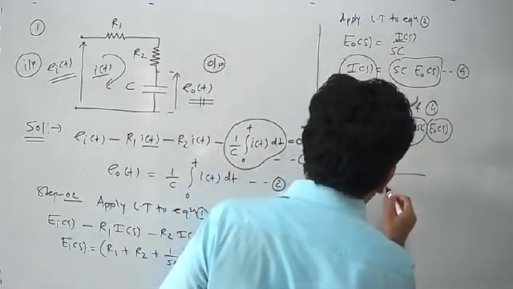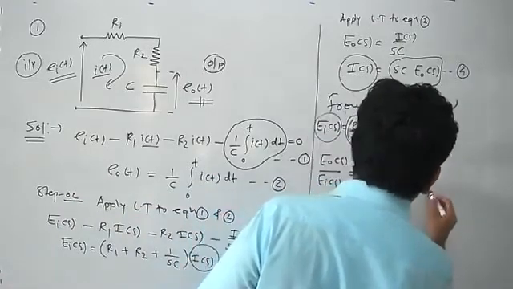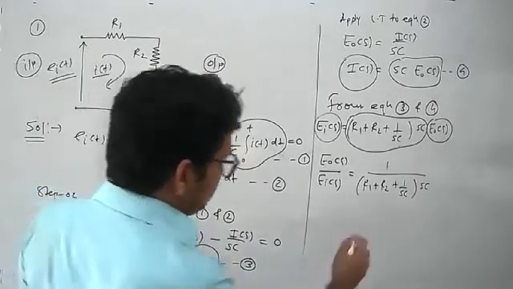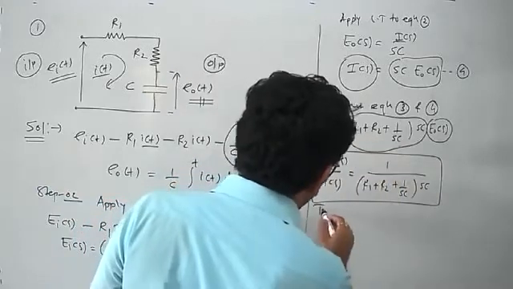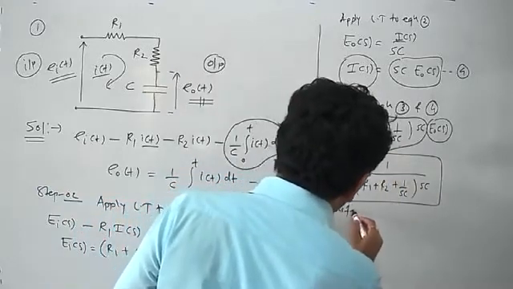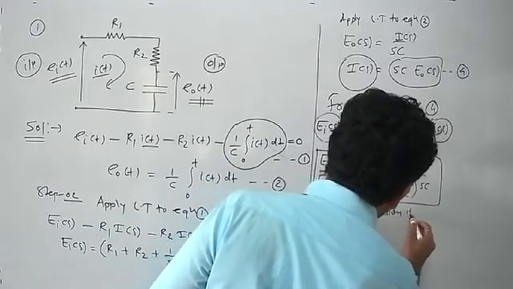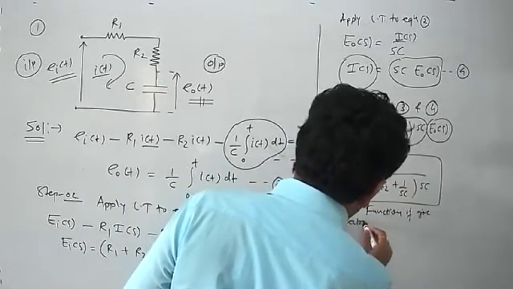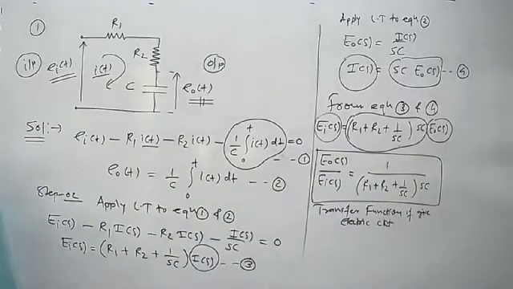So it is R1 plus R2 plus 1 upon SC multiplied by SC. This term indicates the transfer function of the given electrical circuit. Later you can also rearrange it, but our final answer is nothing but 1 upon R1 plus R2 plus 1 upon SC whole multiplied by SC.